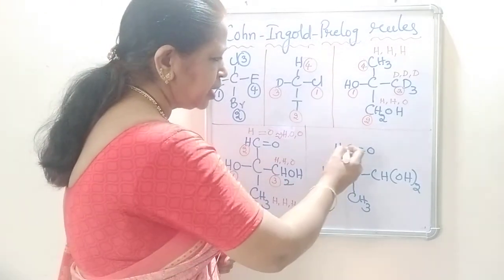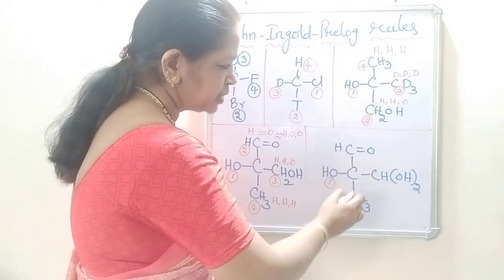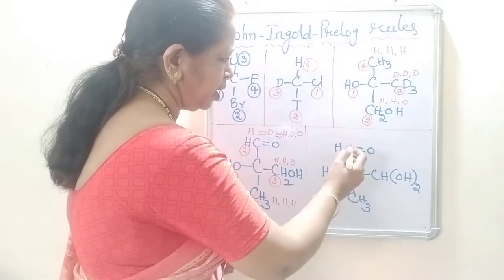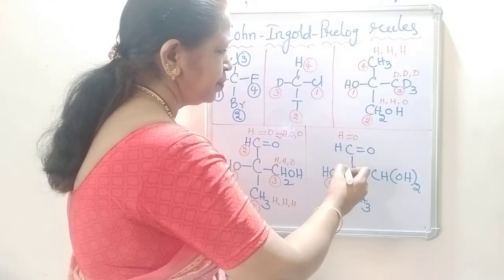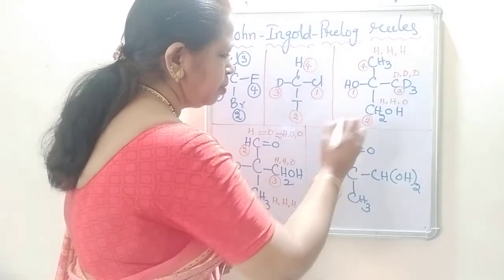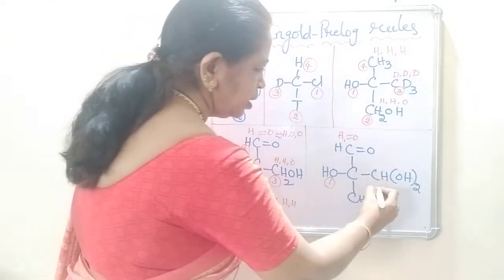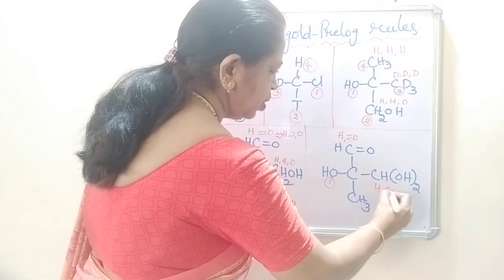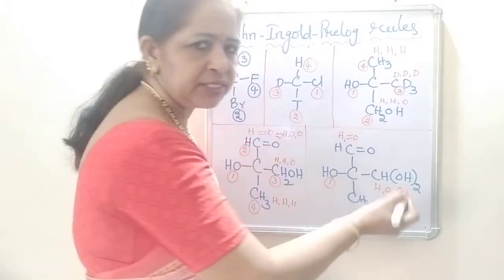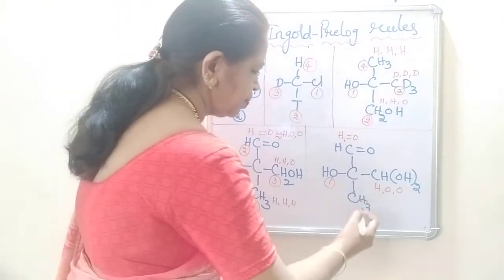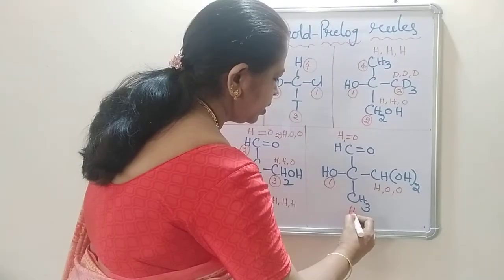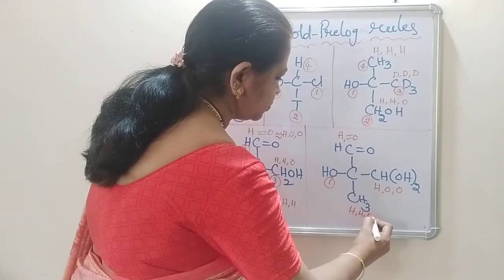If we see the next atoms to which these carbon atoms are connected, here hydrogen and double bonded oxygen, and here hydrogen, O and O, 2 oxygen atoms, 2 OH groups. And here there are 3 hydrogen atoms.